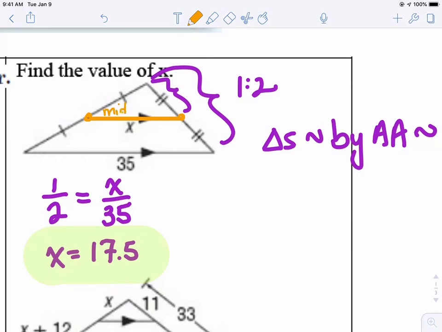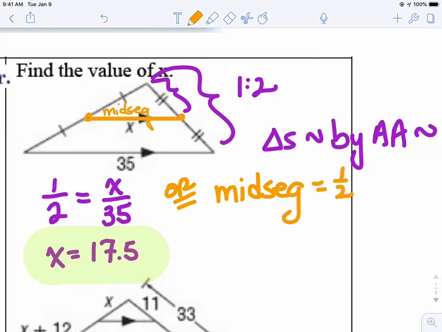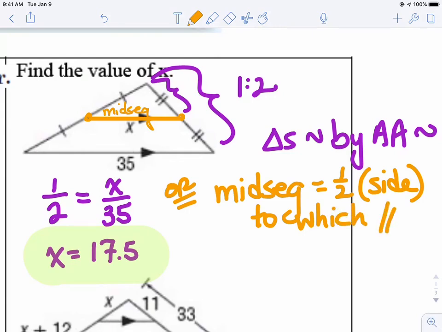So if this is a midsegment, you can just use that a midsegment is 1/2 of the side to which it is parallel. So just 35 divided by 2, or 1/2 of 35 would give you your 17.5. Either way would work.